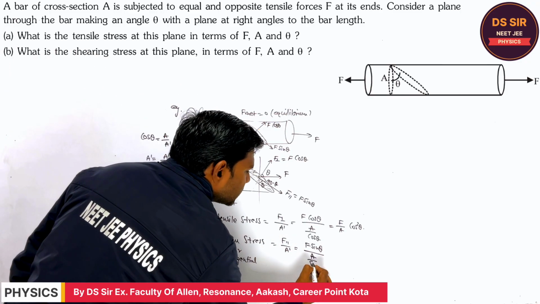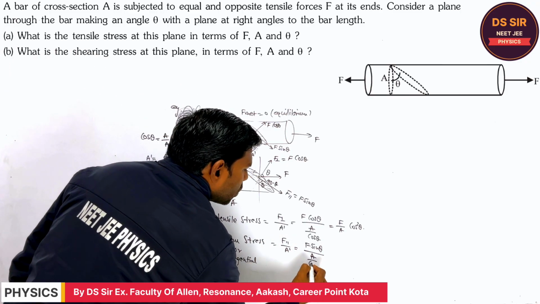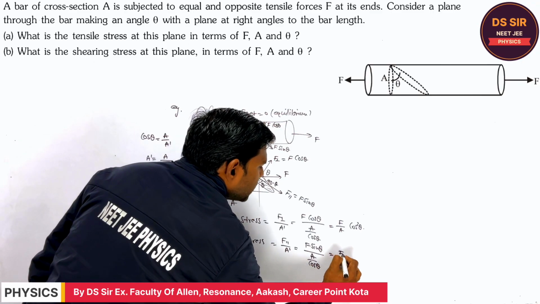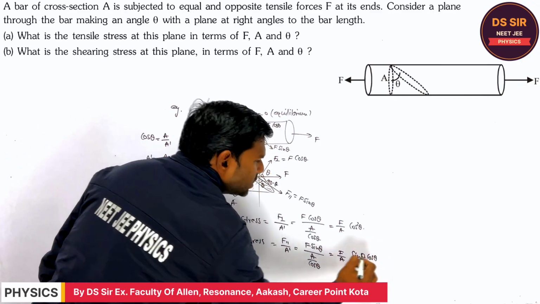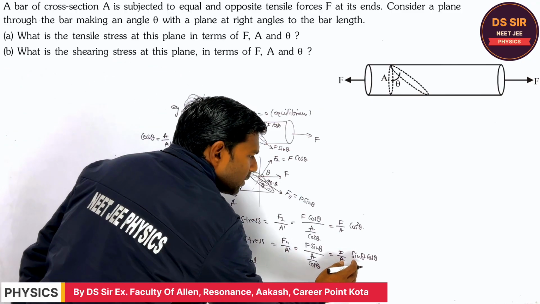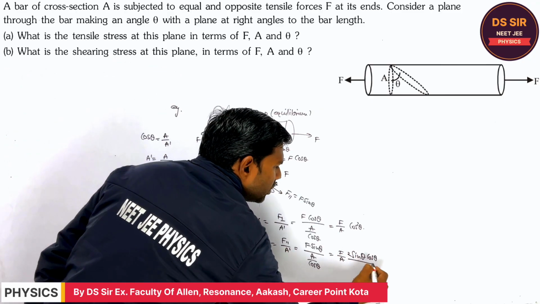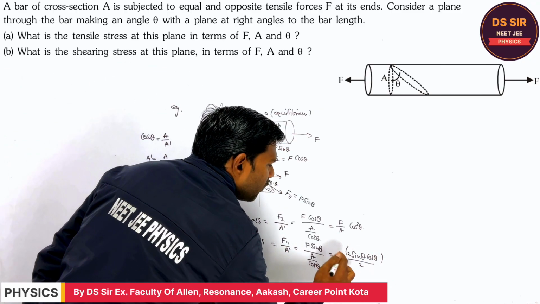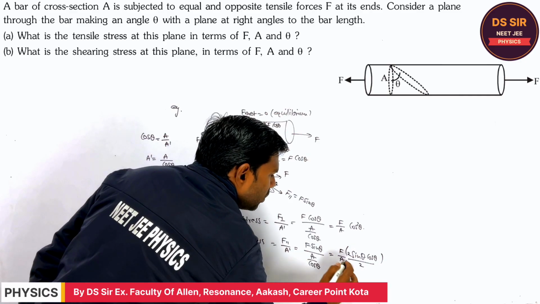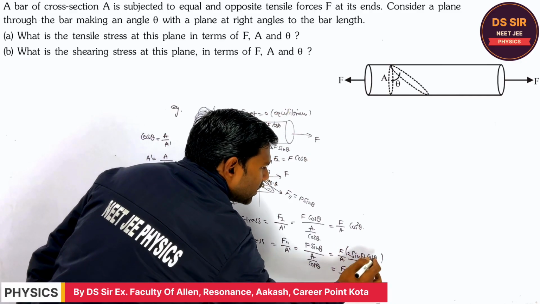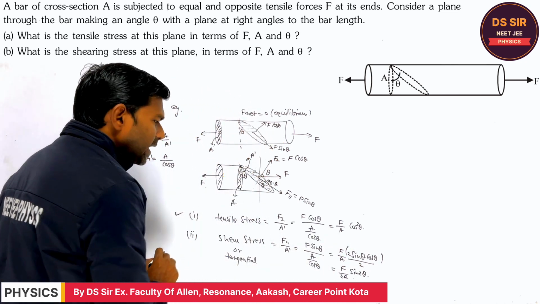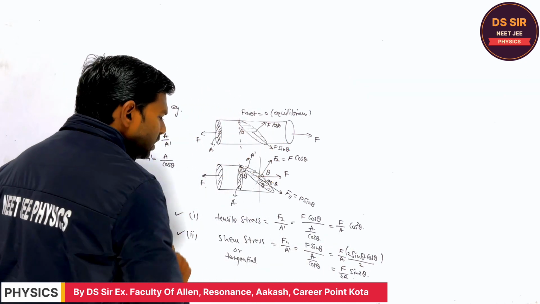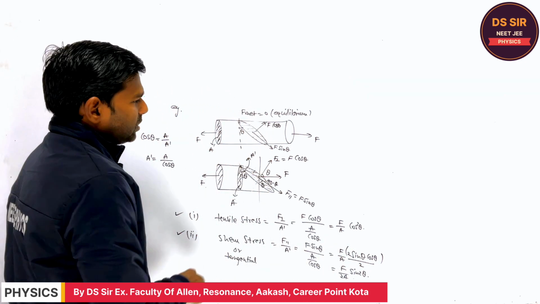It is nothing but A upon cos theta, which may be written as F upon A sin theta into cos theta. Is it clear or not? If you multiply by 2 in the numerator and denominator, it becomes F upon 2A sin 2 theta. So this is the tensile stress, and this is the tangential stress in this case.